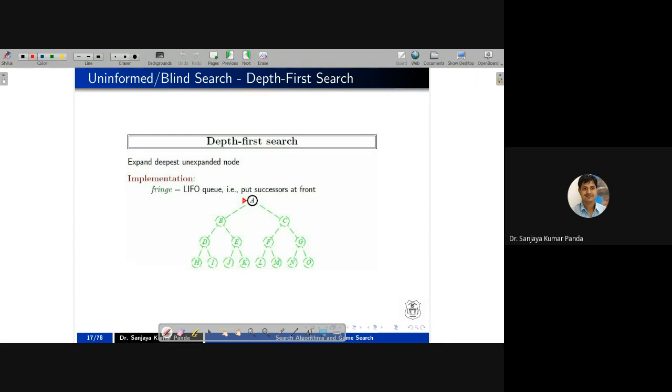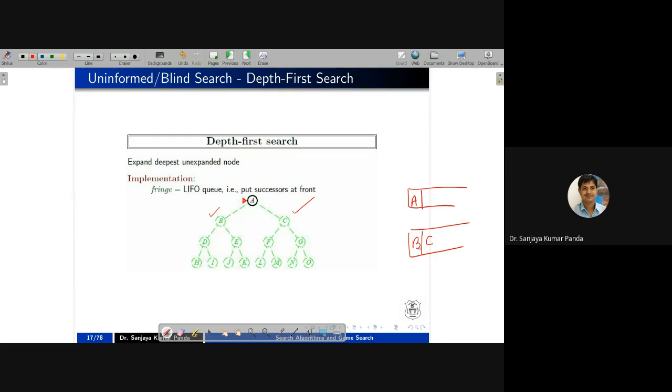What I have to do here is expand A. A is the node that is available in the queue, and because A is not your goal node, you have to expand it. Once you explore A, you get the children nodes B and C. So I have to put B and C, in any order, at the beginning of the queue.